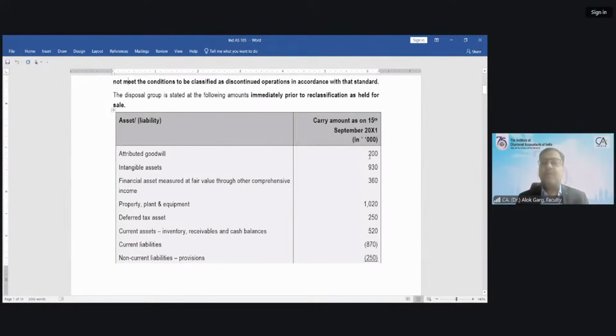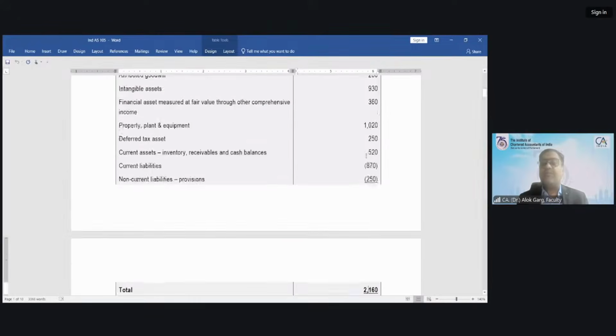Attributed goodwill is 200. Intangible asset is 930. Financial asset measured at FVTOCI is 360. PPE 1020. Deferred tax assets 250. Current assets is 520. Current liability is 870. And non-current liability provision is 250.